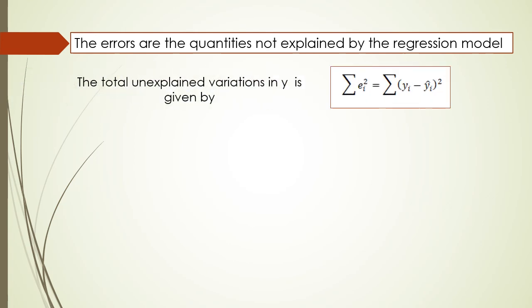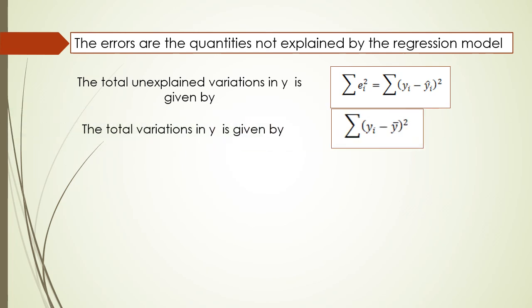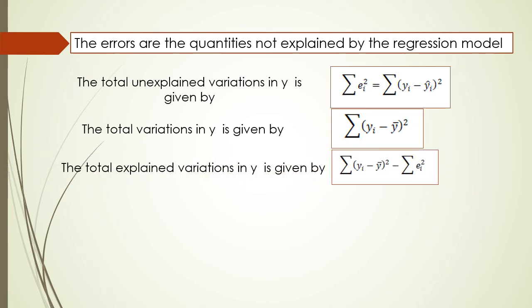The total unexplained variations in y is given by the sum of the squares of the errors, that is summation yi minus y hat squared. The total variations in y is given by summation yi minus y bar squared. The total explained variations in y is obtained by subtracting the total unexplained variations in y from the total variations in y.